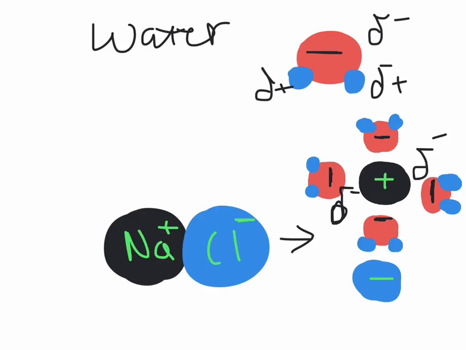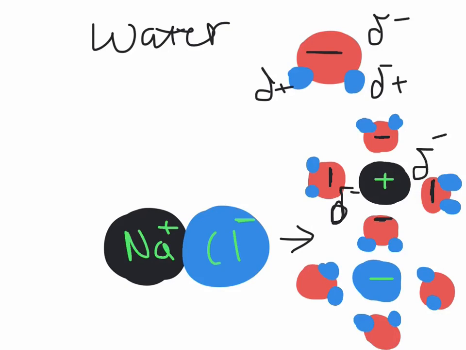Okay, and now on the reverse of that, when we look at the negative anion, what's going to happen is, we're going to label these guys. The partial positive hydrogens are going to be attracted to that negative chlorine.